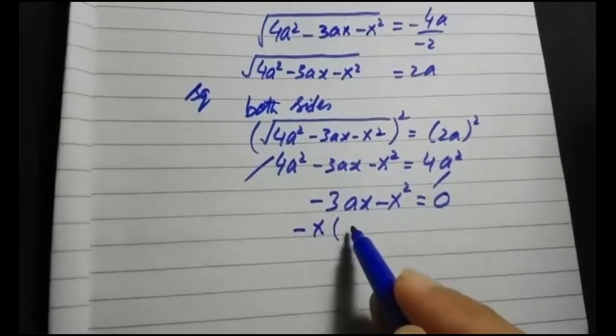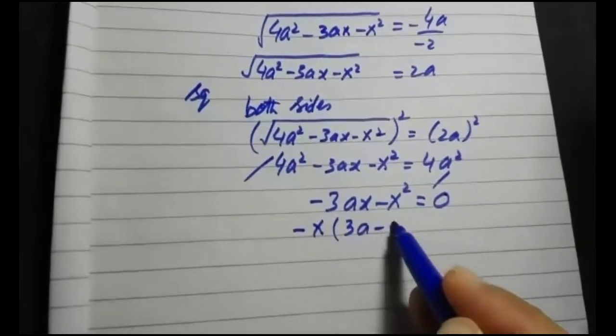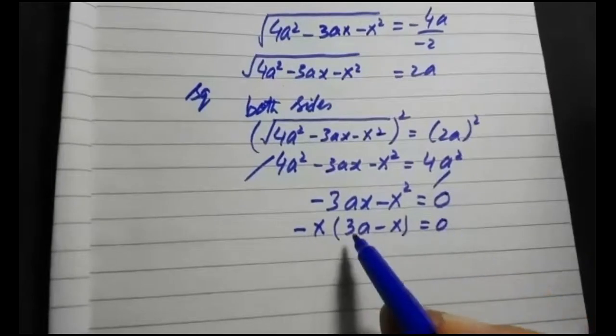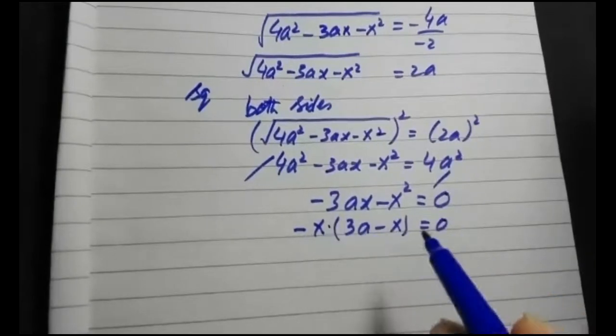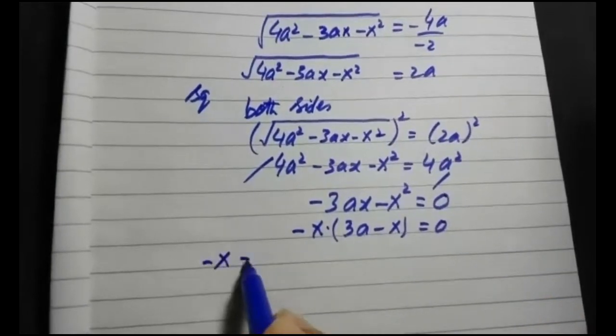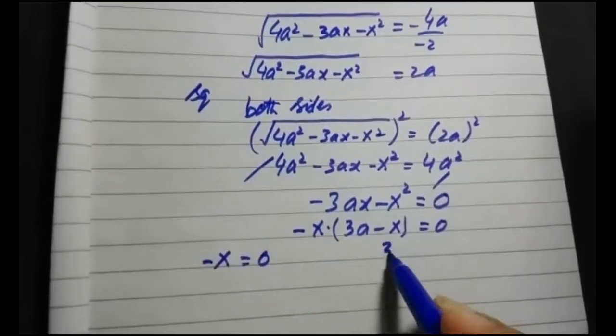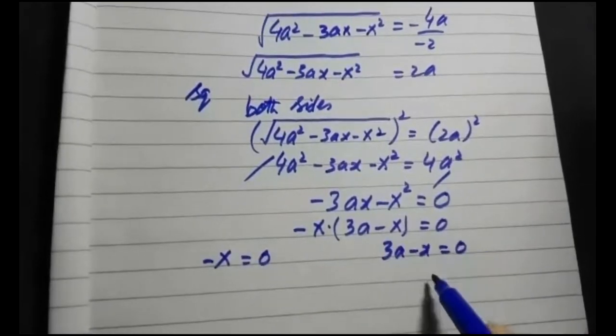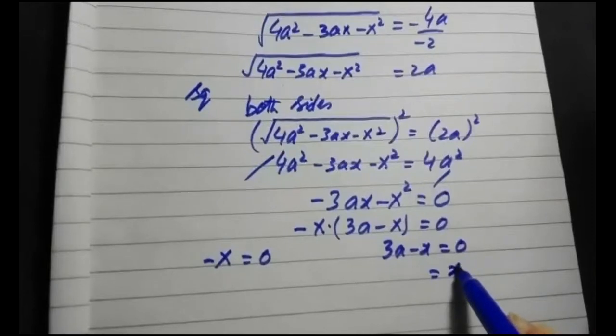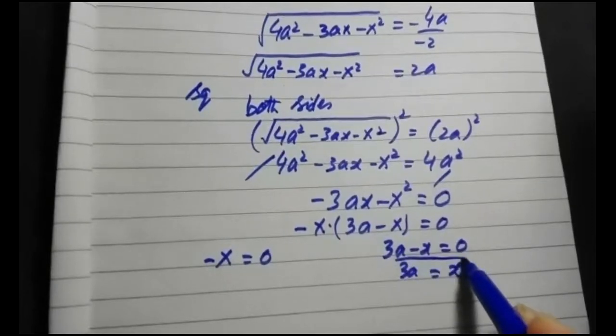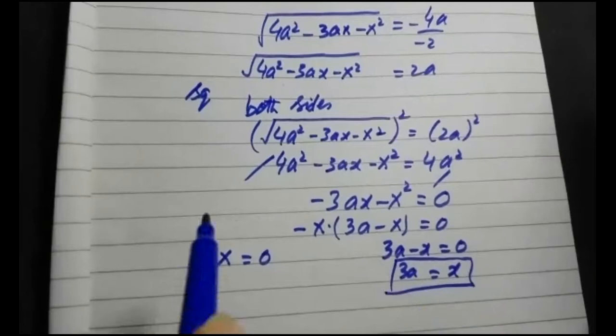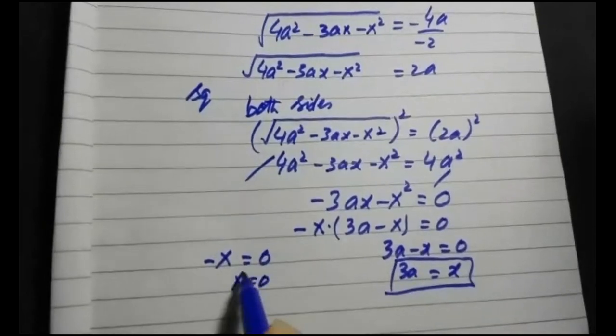It will become minus x times 3a plus x. We are factorizing it. Now you have two values, so you will put them separately: minus x equals 0, and 3a plus x equals 0. So x equals 0 is one answer, and the second answer comes from 3a plus x equals 0.